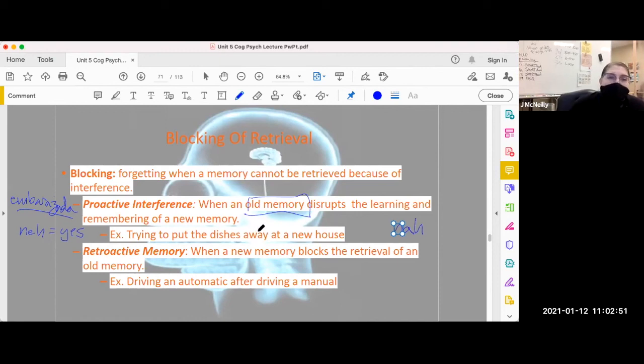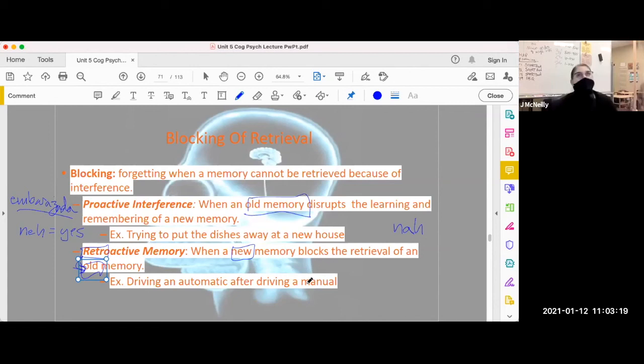Okay, retroactive interference is when a new memory blocks an old memory. Remember that retro means old, so an old memory is being blocked. So if you're driving an automatic car after driving a manual, the new memory of driving an automatic may block you remembering how to drive a manual. Or if you've ever gotten a new phone and then you broke it.